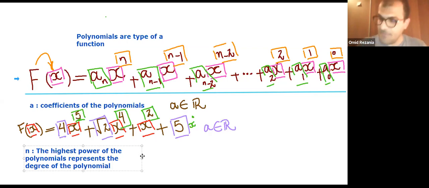Okay, what do I mean by this? Guys, what is going to be the highest degree of the polynomial here? In this example, the highest power is 5. Then we call that the polynomial is degree 5.